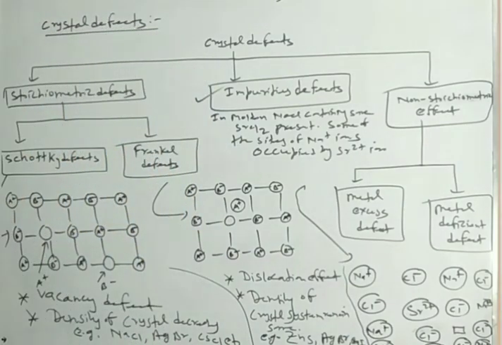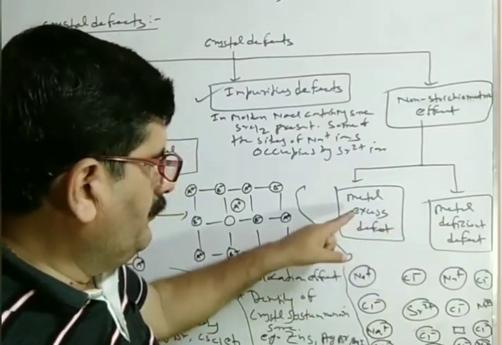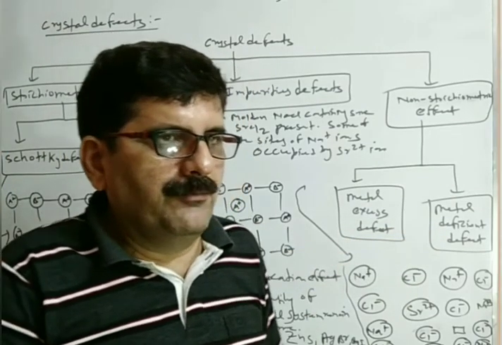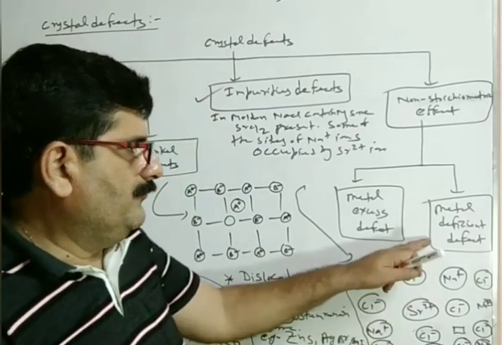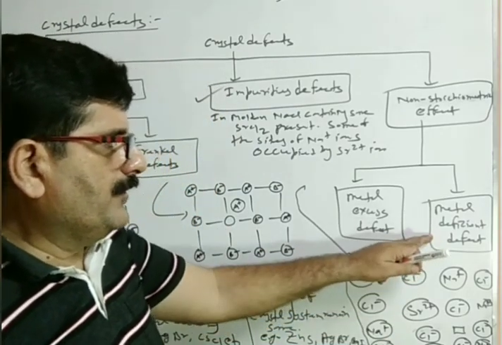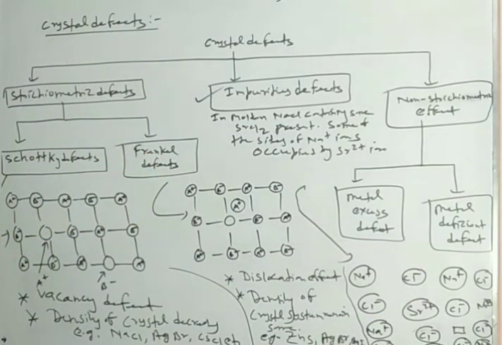The last defect is said to be non-stoichiometric defect. Such defects are of two types: metal excess defect and metal deficient defect. In metal excess defect, the number of cations is always greater than the number of anions. Here we can say the number of cations becomes smaller compared to the number of anions.